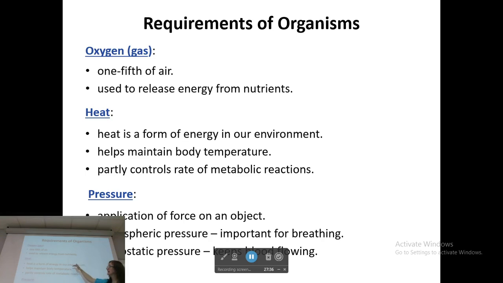All right, heat. So we either get heat from our surroundings, right? Or we need to make our own heat, just kind of like a baseline heat to keep our body temperature at a certain point. Okay, we have to have our body temperature at a certain point so that our chemical reactions can continue to occur. If we get too cold, everything starts slowing down and shutting down.